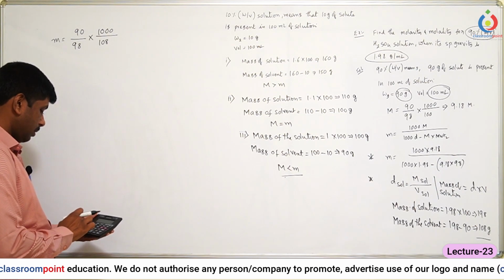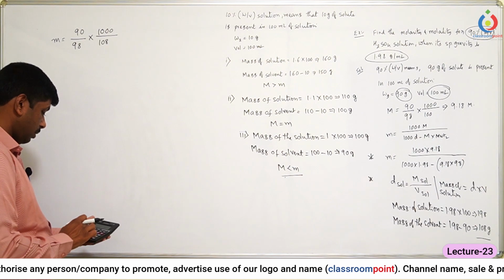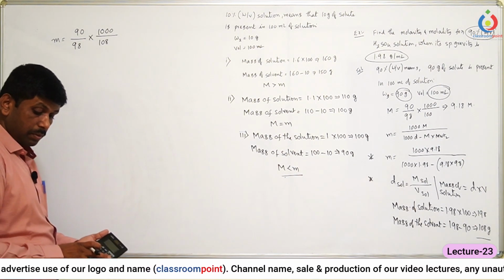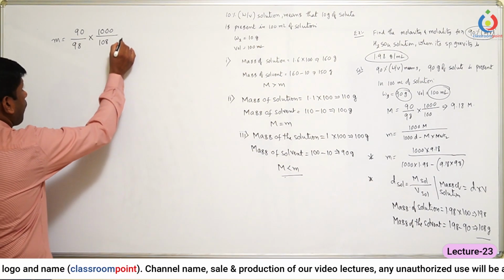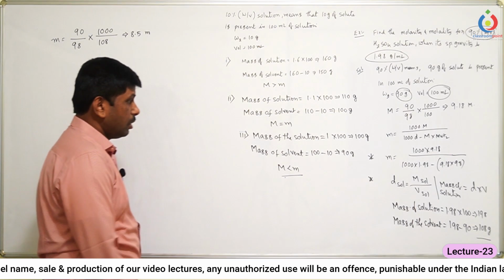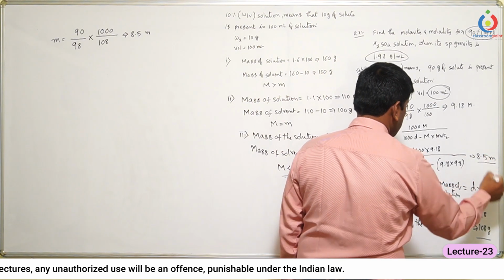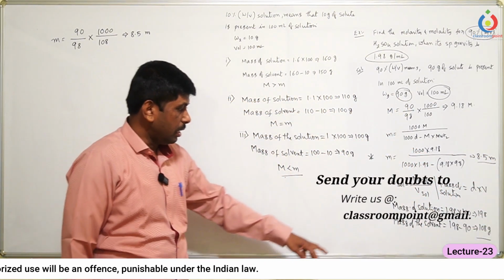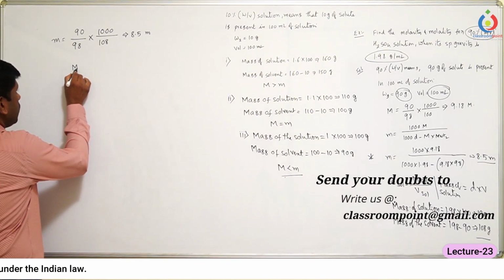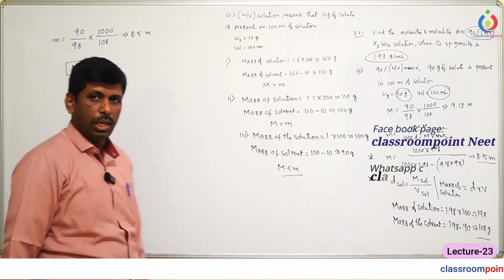So 90 into 1000 divided by 98 divided by 108 gives 8.50. That is molality. So here also if you solve, you will get 8.5 molality. As I said, mass of the solvent is more than 100, so the relation between molarity and molality is that molarity is greater than the molality.